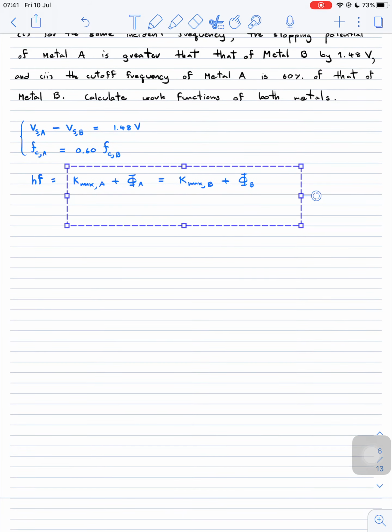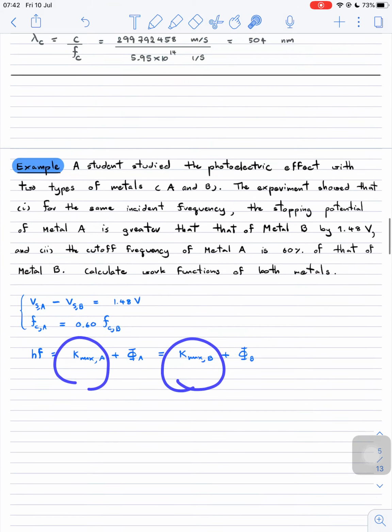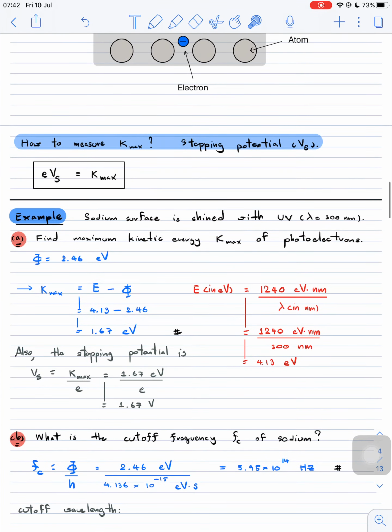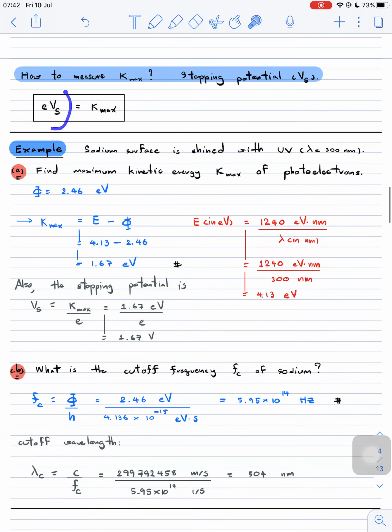But then what is the maximum kinetic energy of metal A and metal B? What are these two values? We have the relationship that Kmax equals e times the stopping potential.